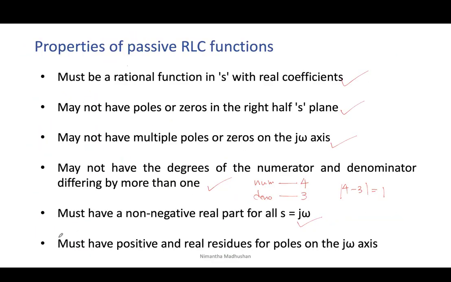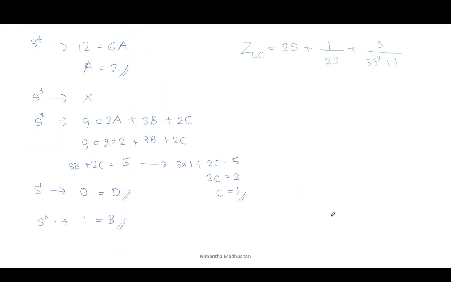Then the sixth one says it must have positive and real residues for all poles on the j omega axis. These are the poles. We can obtain poles from these two values.